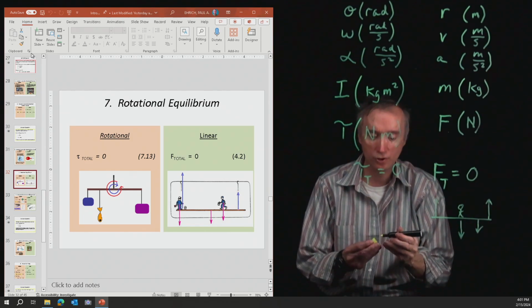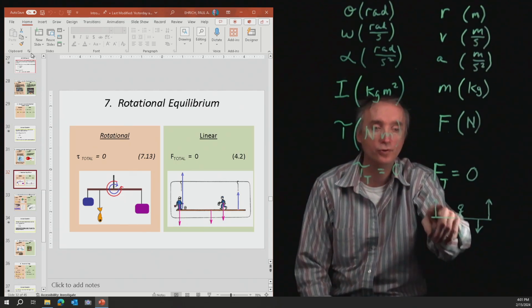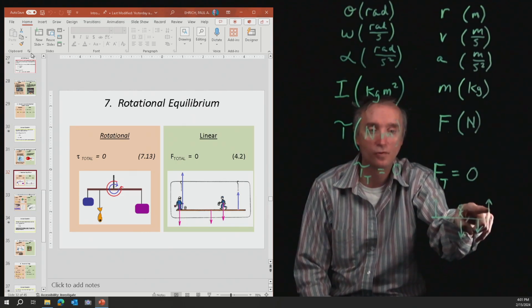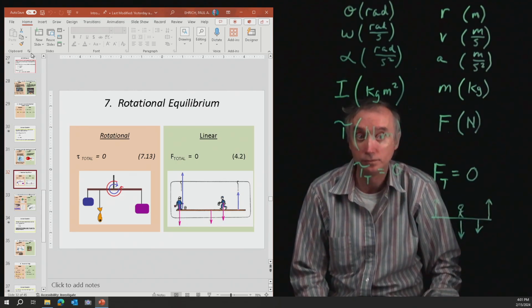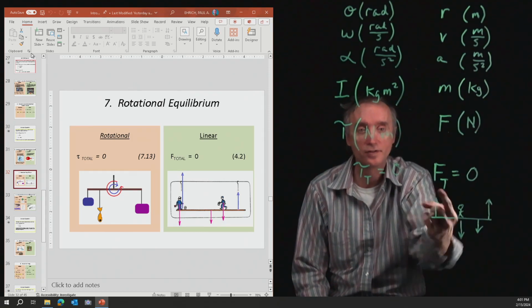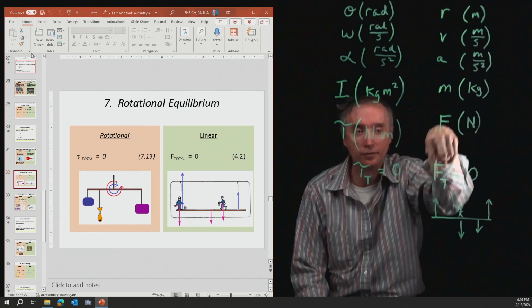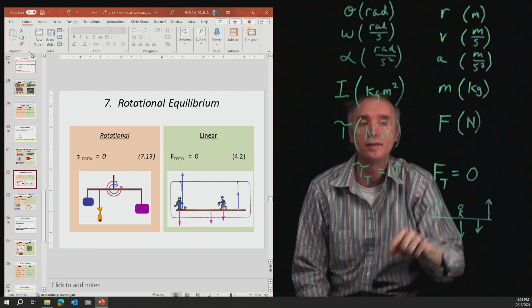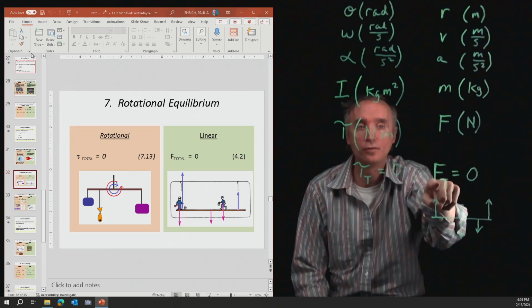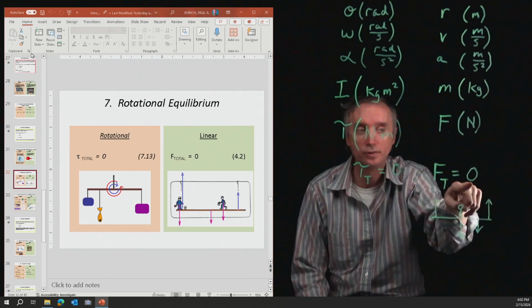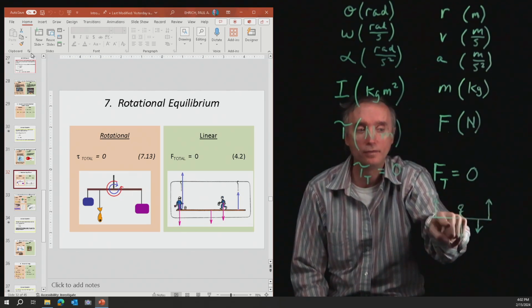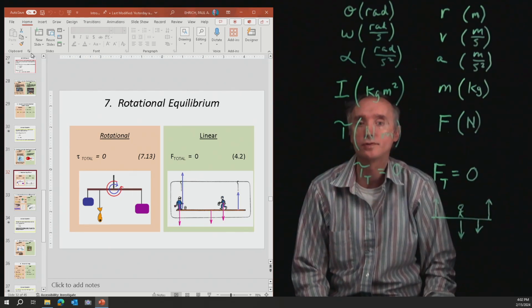If you knew 3 of these forces, you could figure out the 4th one by remembering that if it's up, it's positive, and if it's down, it's negative. Then you would add all the forces, set the sum equal to 0, and solve for any of these forces.